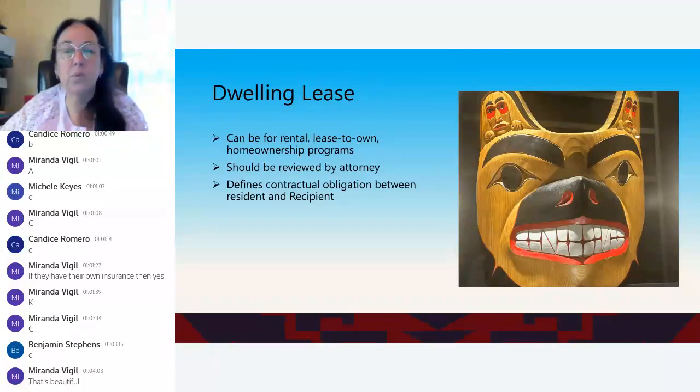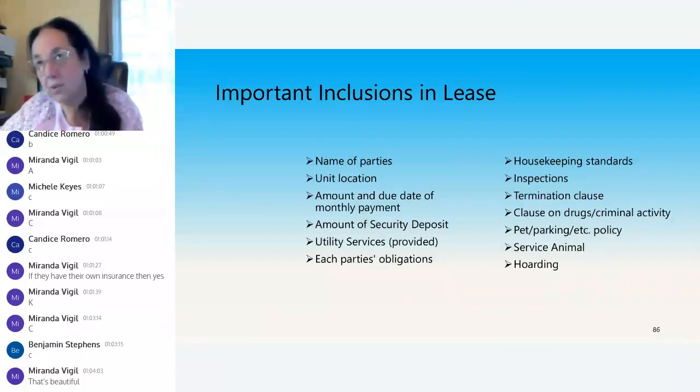So a dwelling lease can be for a rental or a lease to own home ownership program. Whenever you create or change or alter a lease, your lawyers should look at it. It defines your contractual obligation between your residents and you as a recipient.